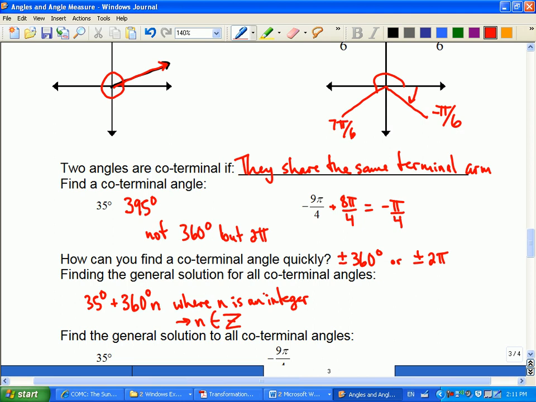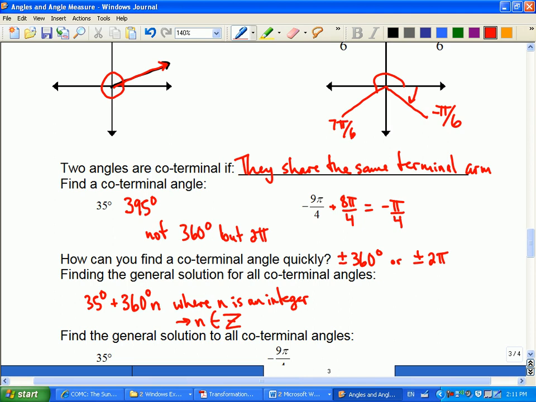You're going to see it in calculus as the shortcut. This means where n is an integer. This is n is an element of, and that's the symbol for integers in mathematics. So either is fine for you. I'll keep writing out the long form of English, even though it drives me crazy.